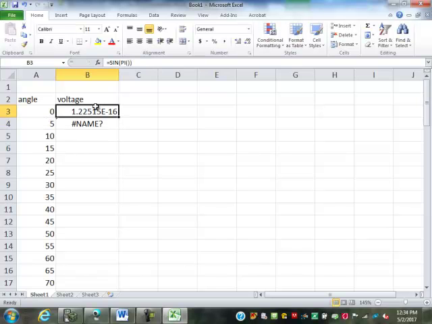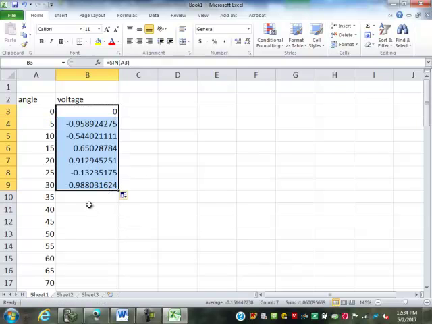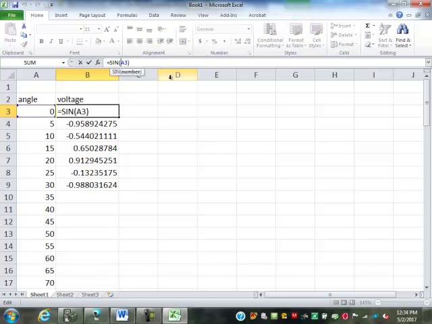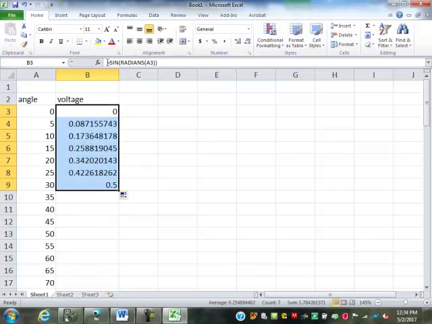Okay, so it gives me the sine of pi. That's not right. Okay, let's do some conversions here. I forgot an S, that's what it was. The converter is radians, not radian. There it goes. Okay.